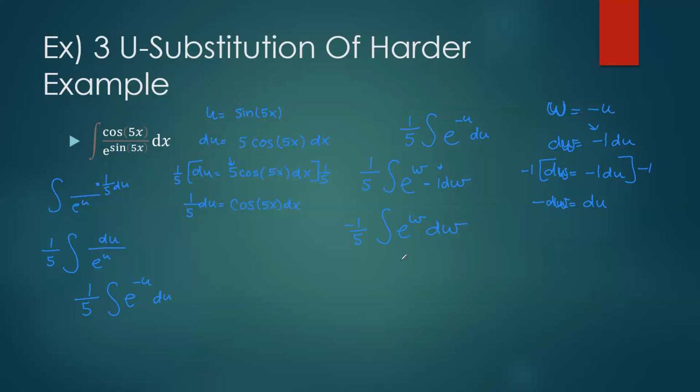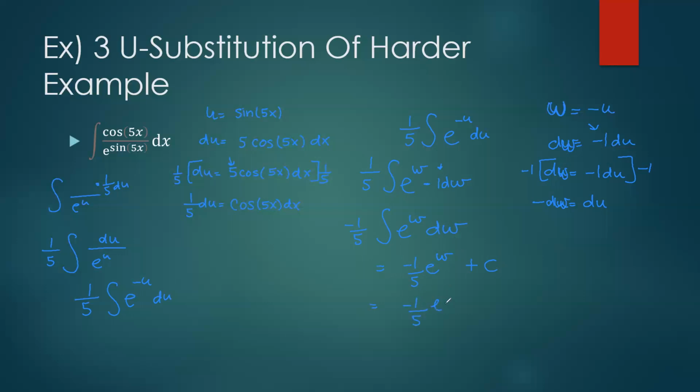Okay, so what's the integral of e to the w? It's just e to the w. So it's going to be negative 1/5 e to the w plus c. And then we know that w is negative u, right?